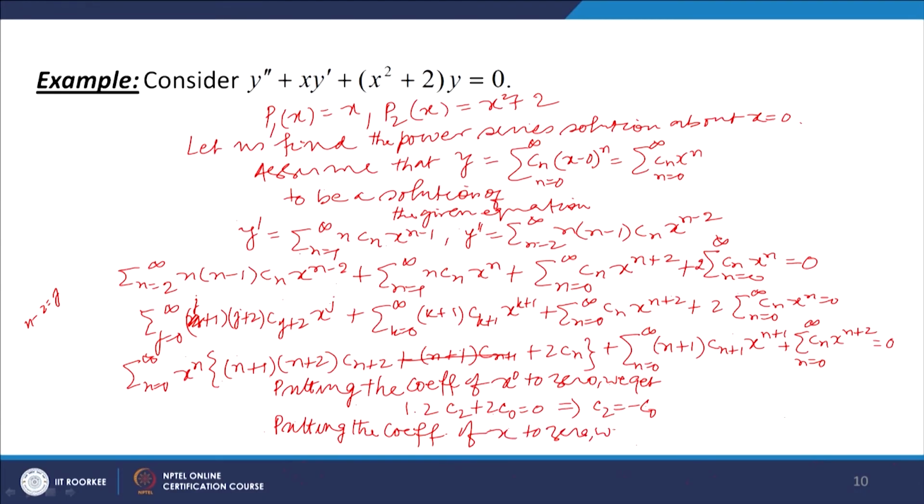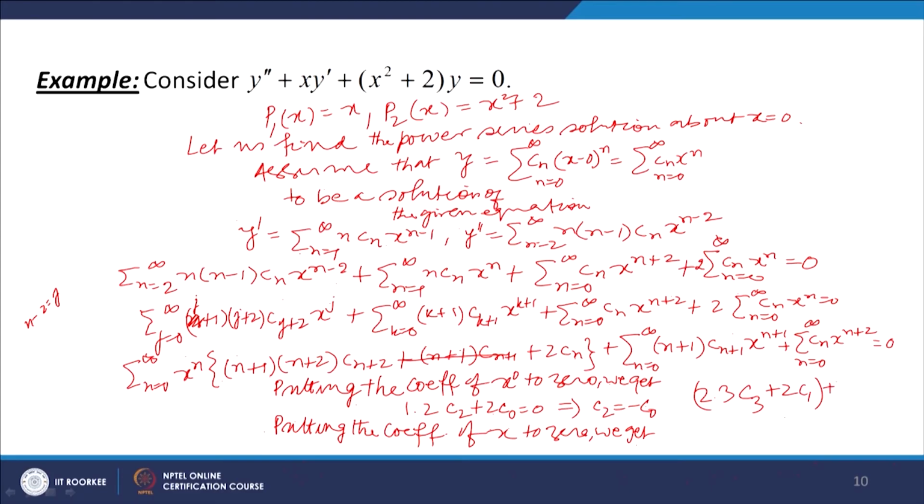We get, okay, so we put n equal to 1 here to get the coefficient of x. So, 2 into 3 C3, and then we get 2 times C1. Here we will get the coefficient of x by taking n equal to 0.